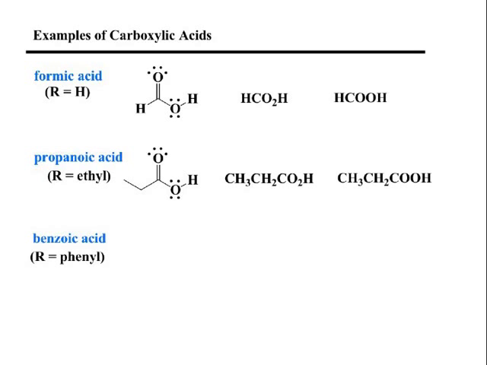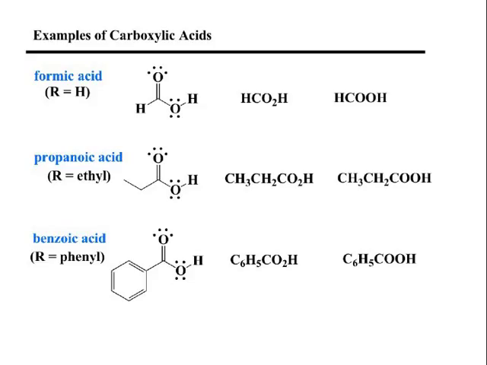Okay? Benzoic acid. Notice we've replaced the alkyl group with what kind of functional group is that ring? That's a phenyl ring, or it's a benzene ring. That's right, it's aromatic. This is an aromatic-containing carboxylic acid. But it still has the carboxylic acid functional group. You all know of benzoic acid as its sodium salt, sodium benzoate.